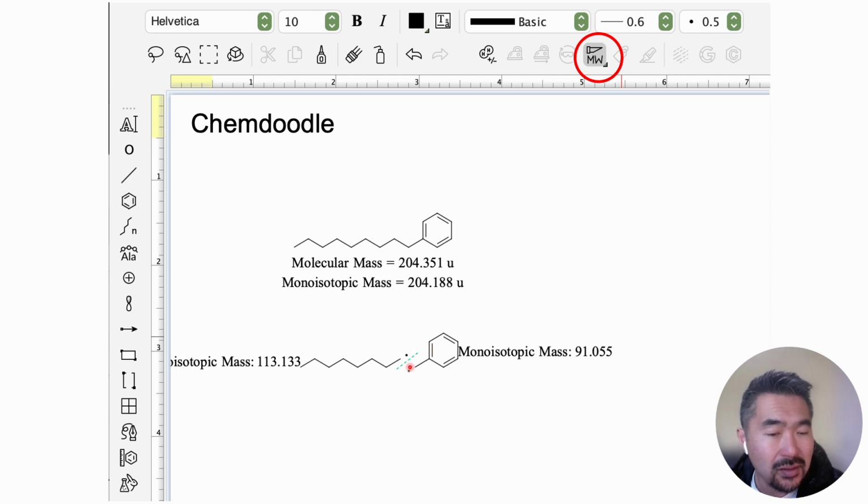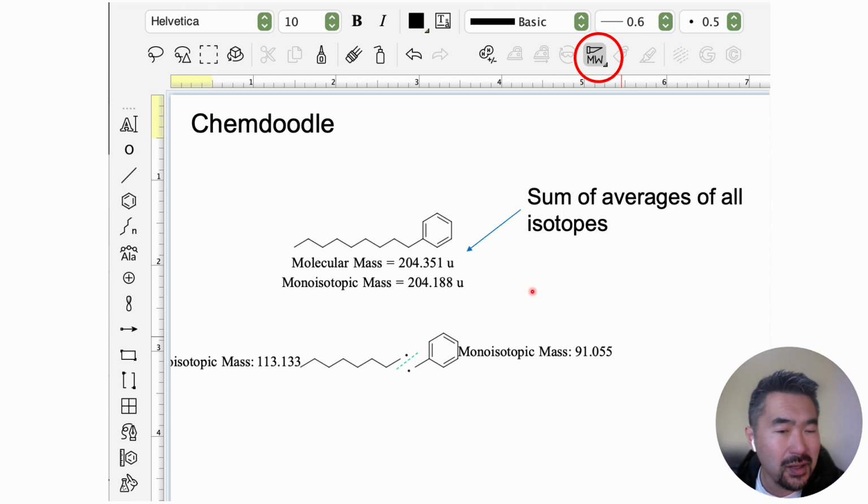If you use that, you could cut a bond right here, and then look at the monoisotopic mass of the two fragments that result. That's really useful because if you have to calculate all these things by hand by adding atomic weights of each atom, you're going to run into calculation errors. So this is a nice way to do that.